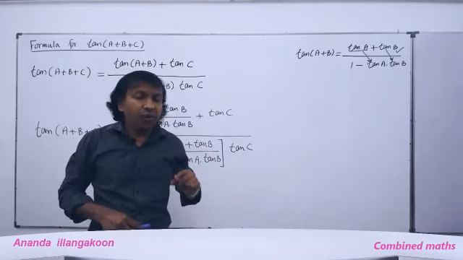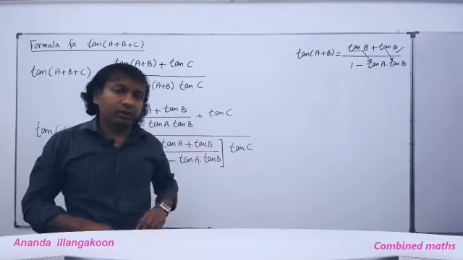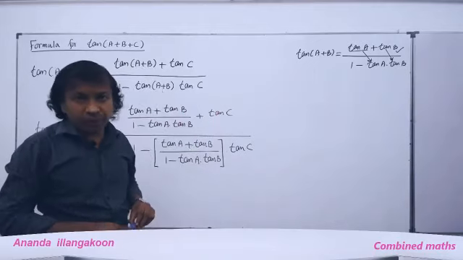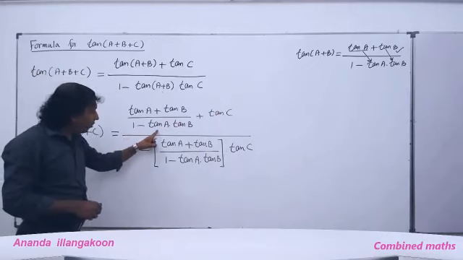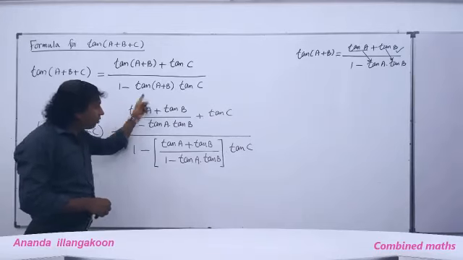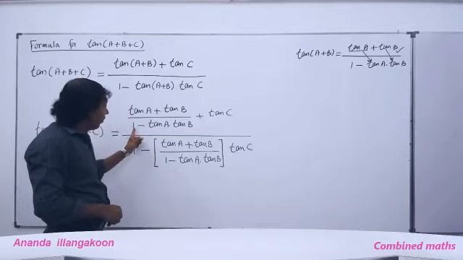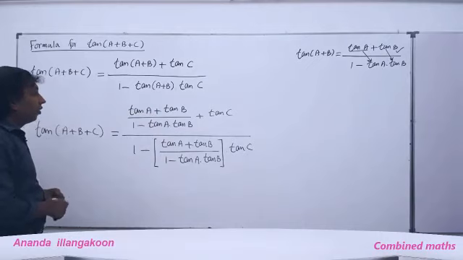That is why we divide or multiply all the terms at the numerator and denominator by the same value. Therefore, our intention is to eliminate this 1 minus tan A tan B from this space and this space. For that, the best thing is to multiply this term, this term, this term, and this term, all four, by 1 minus tan A tan B. Understood? Right. Then we can do it like this.